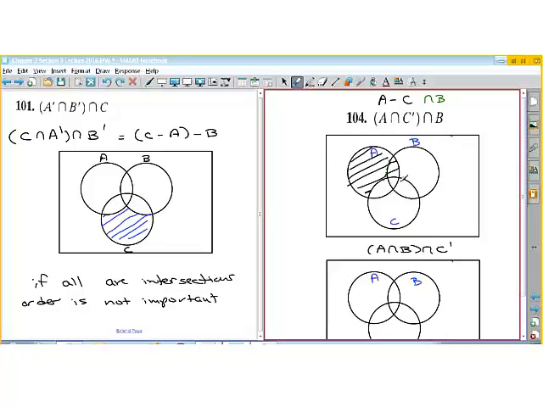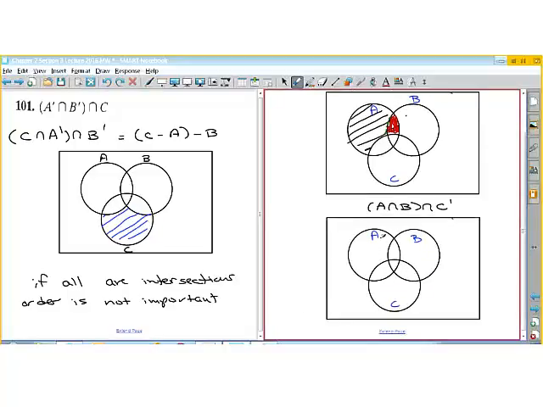The rest don't have any black. This would be A intersect C, but this part's not filled in, so I don't want to include that. So the black lines intersect B is just this little area that's in B but also contains some of the black lines. So that's the answer.